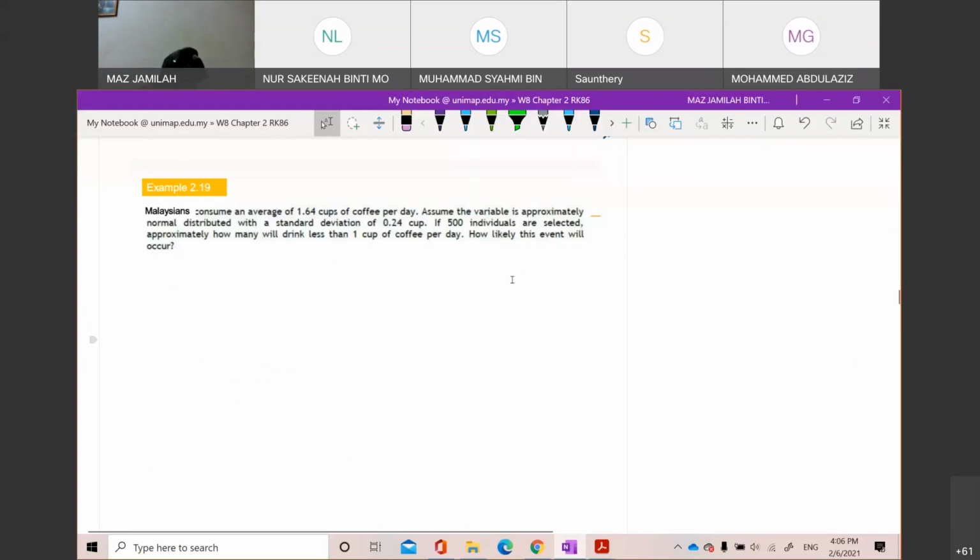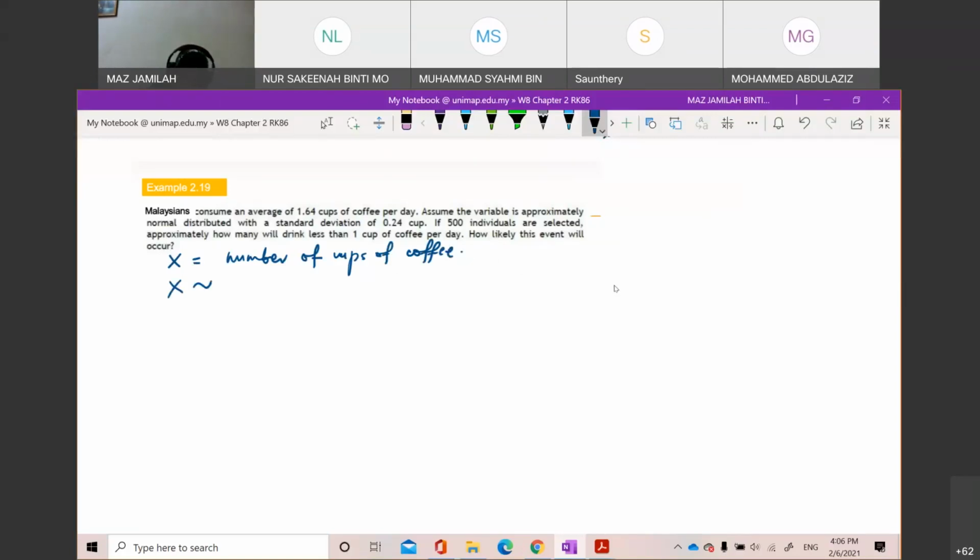If I summarize using the given answer in your textbook, X is defined by the number of cups of coffee, and X is distributed normally with average 1.64 and standard deviation 0.24. Since we are writing down the variance, and the given is your standard deviation, that's why we put the square here.